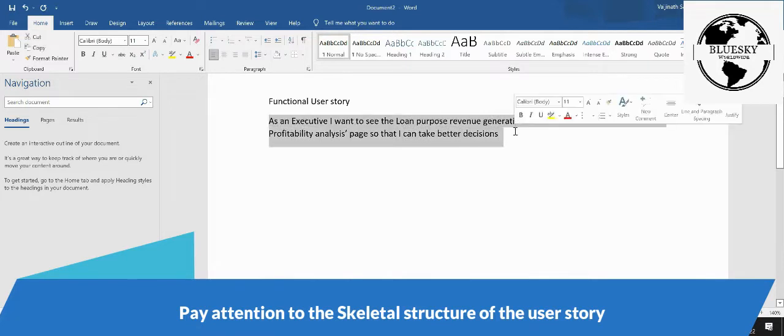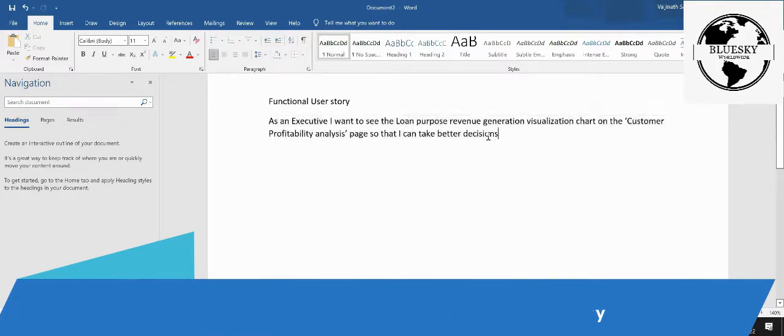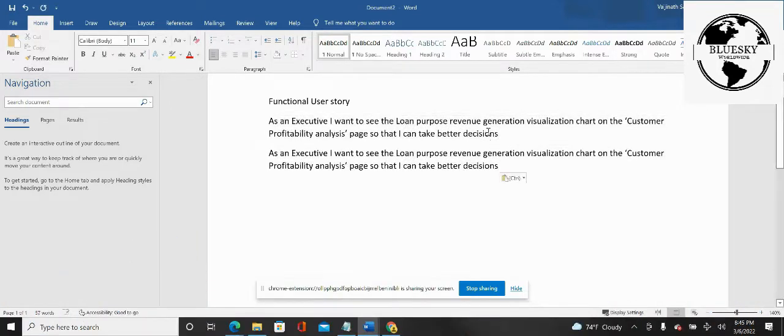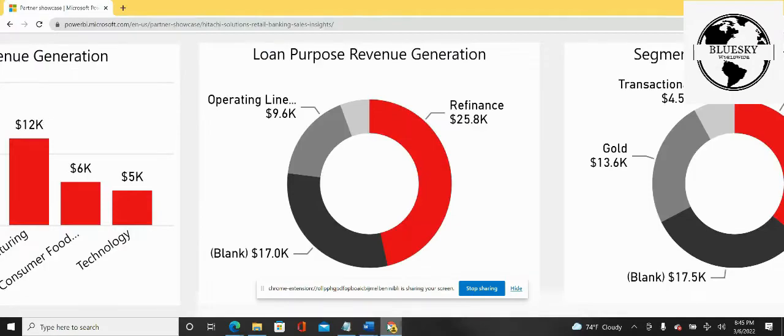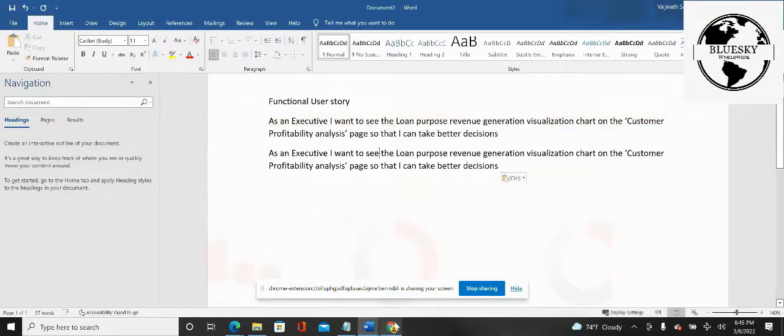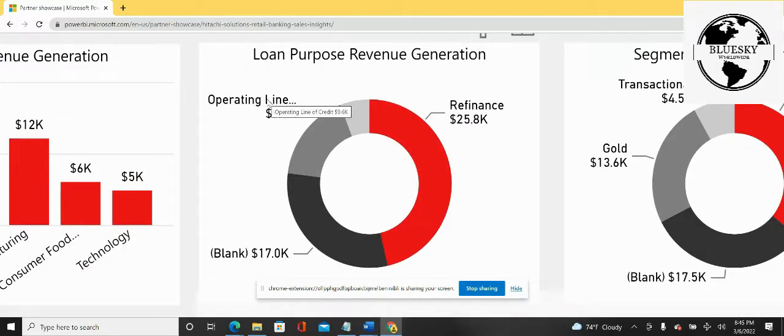And you can also put: as an executive, I want to see the operating line of credit. So it's operating line of credit.